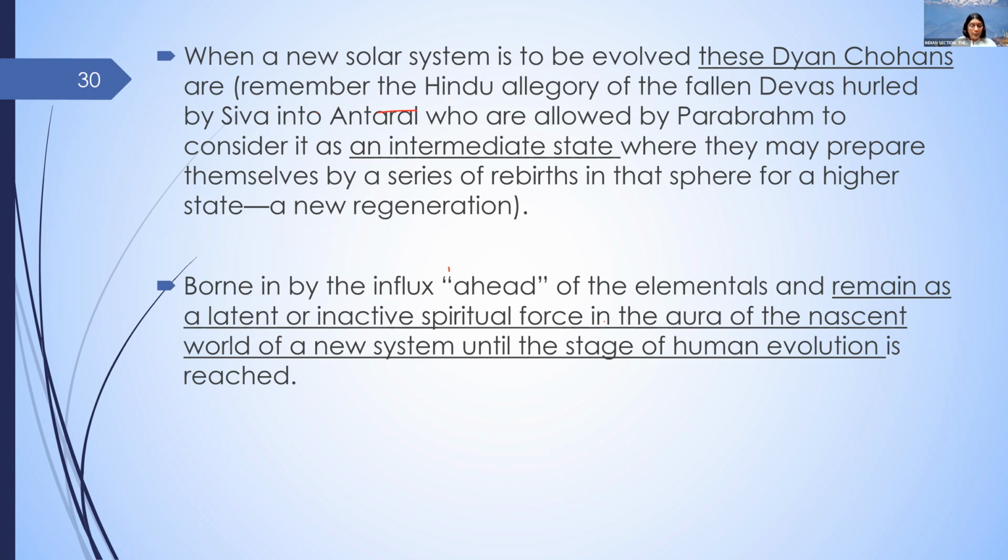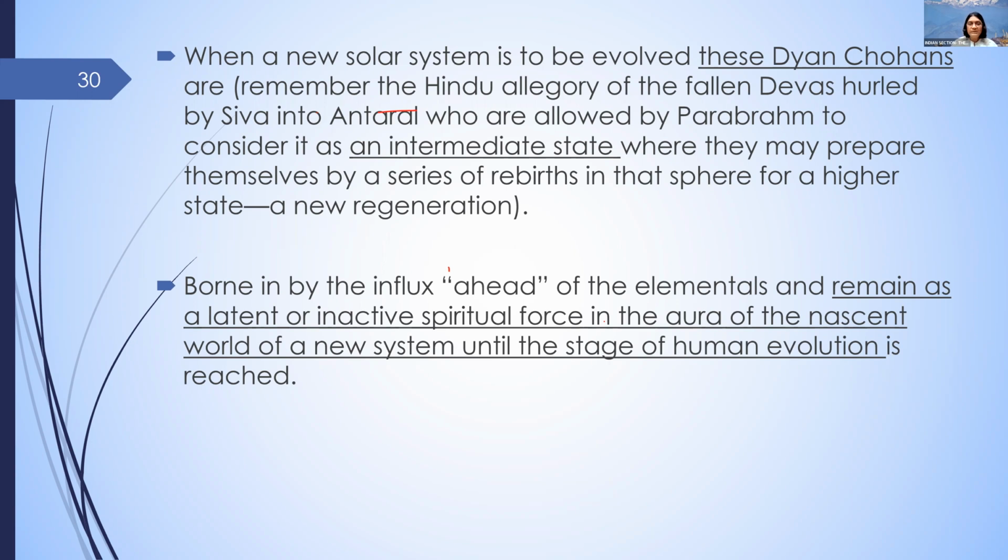And when the new solar system is being formed, how is it formed? It is formed by an influx, a massive inflow of spiritual force. So this spiritual force sweeps even these fallen devas into its fold.